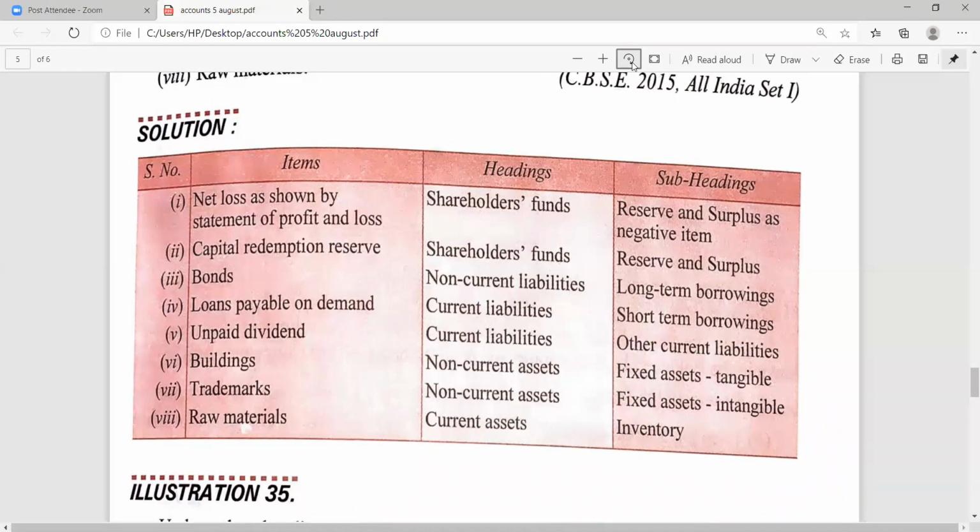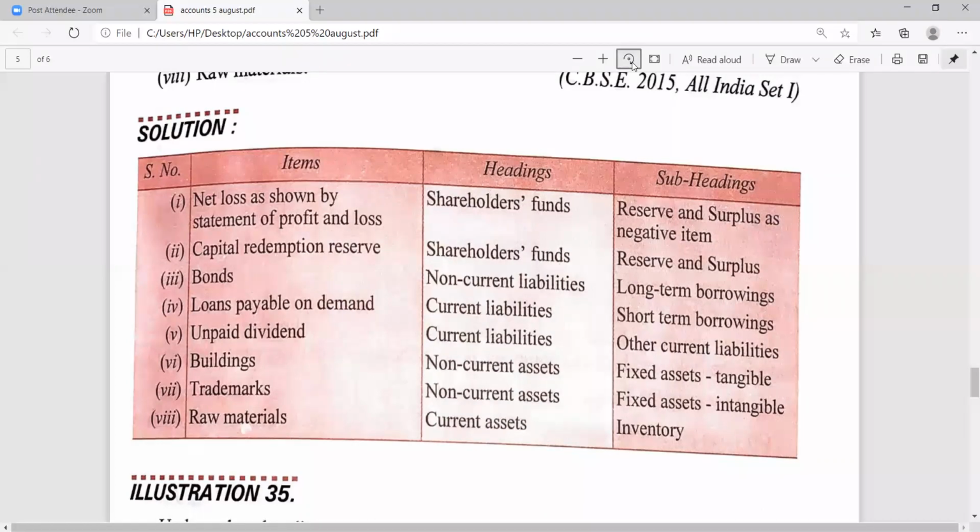Buildings, no doubt, are non-current assets of the business, shown under fixed assets as tangible assets. Trademarks are shown under non-current assets, under fixed assets, as intangible. Raw material is a current asset, shown under the subheading of inventories.